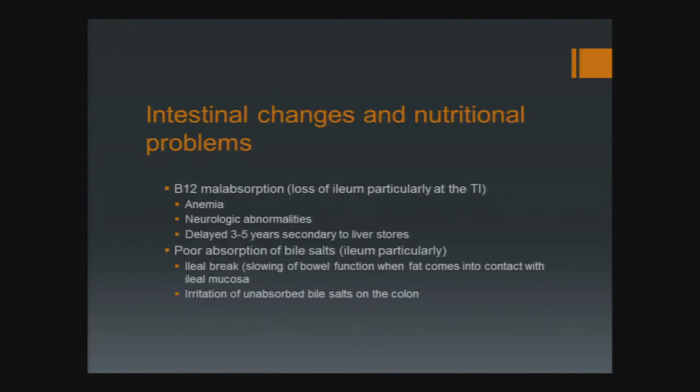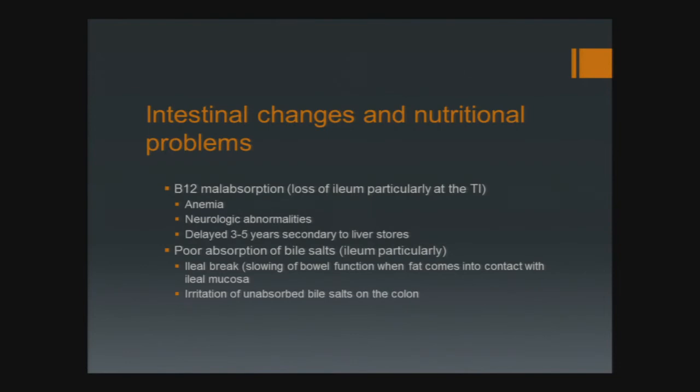There's also some intestinal changes and nutritional problems. So I touched momentarily on B12 malabsorption, and this is a large reason why we try to maintain as much terminal ileum as we can. Anemia, neurologic abnormalities, and then, of course, delayed 3 to 5 years secondary to stores in the liver.